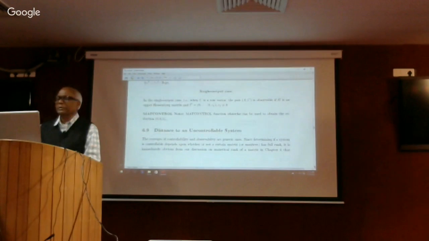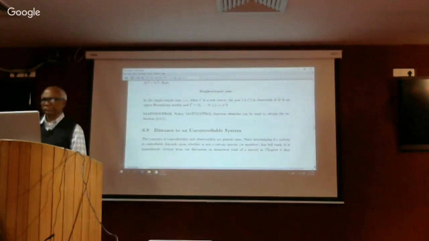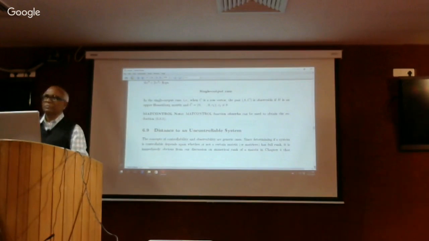In the single-output case it's the same thing, H will be a scalar matrix. If all the sub-diagonal entries of the scalar matrix H are different from 0, and C1 is different from 0, then the system is observable. It's a dual concept.